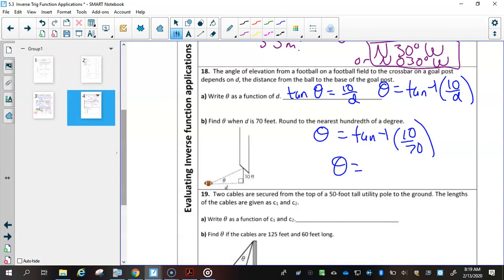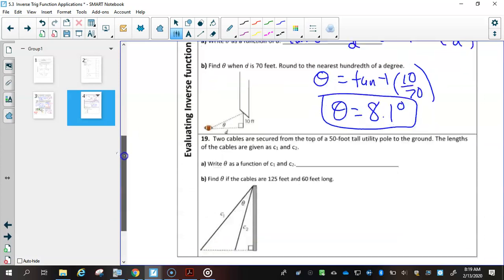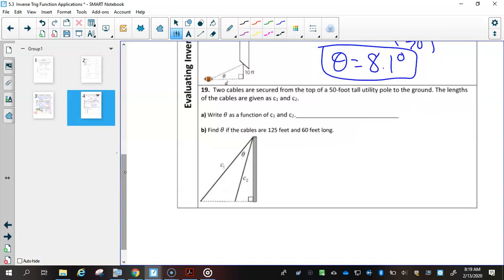What did we get for theta? 8.1. Is that it? Yes, that's actually it. See, I told you it was easy. They just make it confusing.